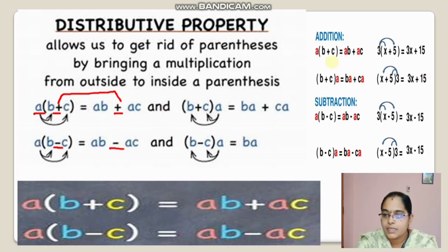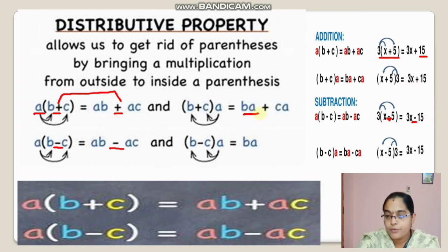If we observe this clearly, in 3(x + 5), we need to distribute this 3 to x and to 5. So 3x plus 3 times 5, which is 15. Coming to subtraction also, it is the same: whatever symbol we have in the middle, the same symbol we get after distributing. So this formula works on both sides.